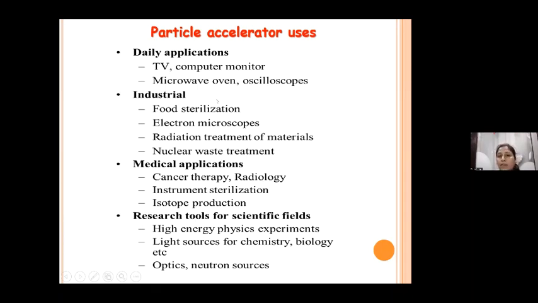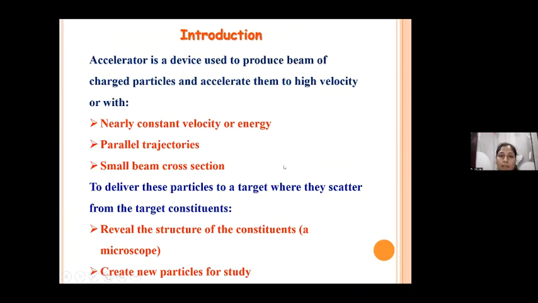We can see the applications in food sterilization, electron microscopes, radiation treatment of materials, nuclear waste treatment, and of course the medical applications here, most important in case of cancer therapy, radiology, instrument sterilization, isotope production, and here recent research is going on with high energy physics experiments, a light source for chemistry, biology, etc., with the optics and the neutron sources.